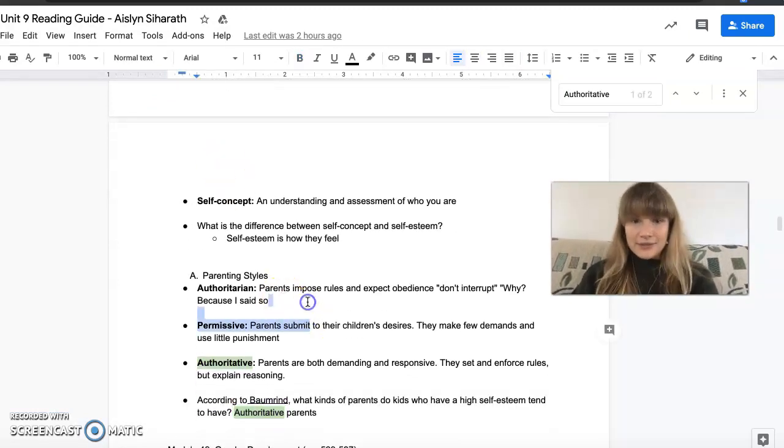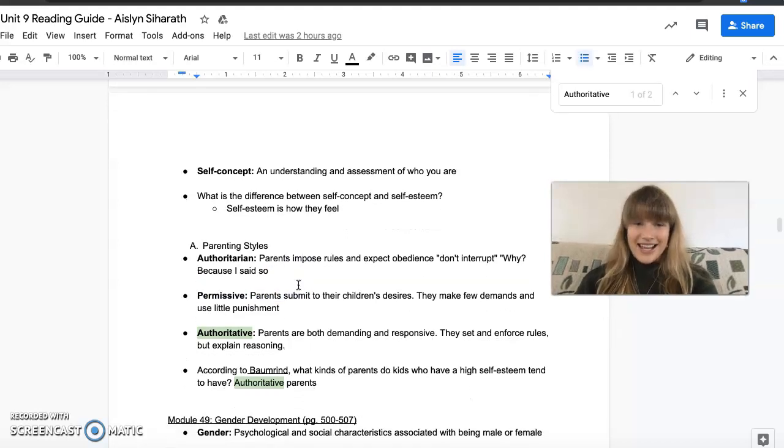The parenting styles. Okay, so according to Baumrind, there are 3 types of parenting styles: authoritarian, permissive, and authoritative. I remember I used to always mix up authoritative and authoritarian, so I'm going to remind myself what the difference is, because they actually are different words, although they look very similar.